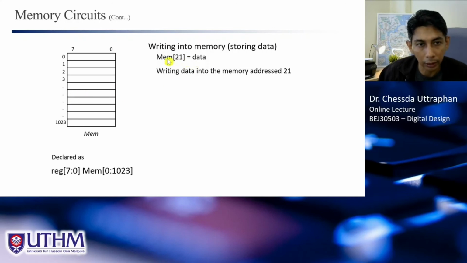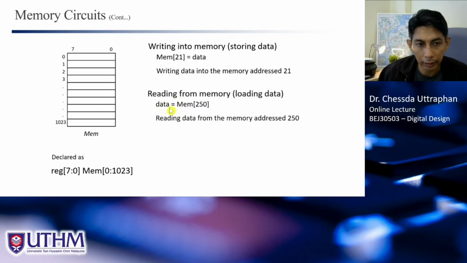So this is how: mem, square bracket, the address of the location that we want to access, equal to the data that we want to put in. And to read from the memory, again, this is the data variable, and this variable is 8-bit. For example, we want to read from memory location 250. So this is how: mem[250], and we get the data from here.